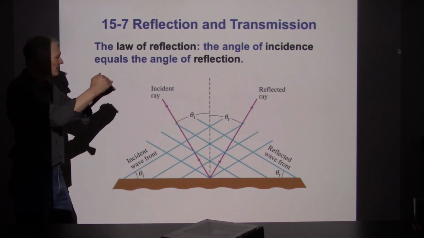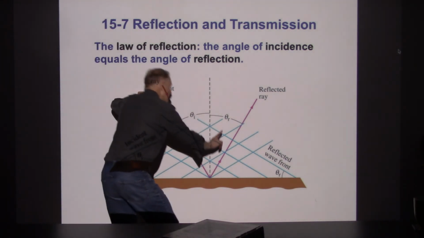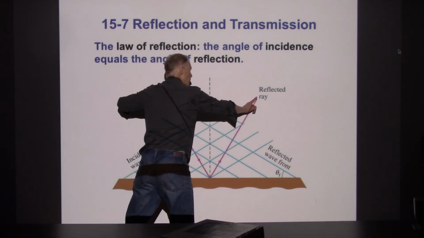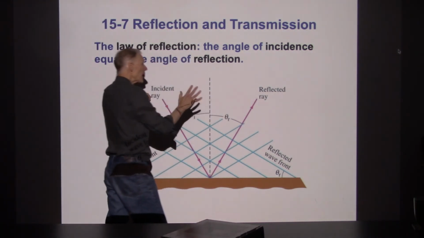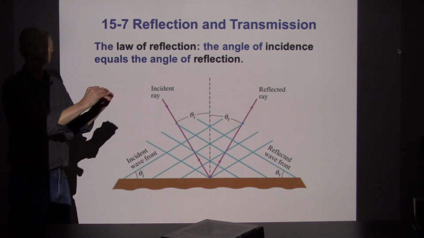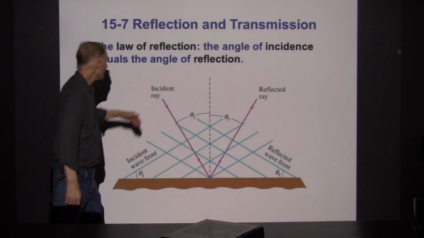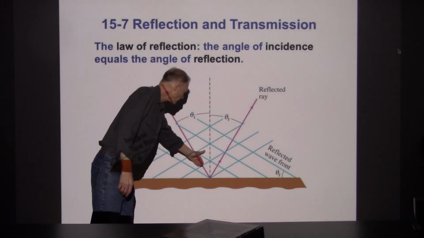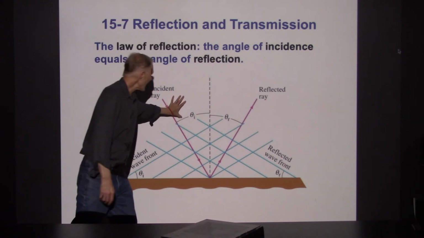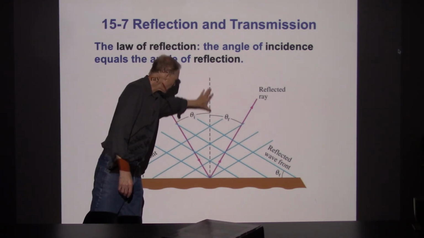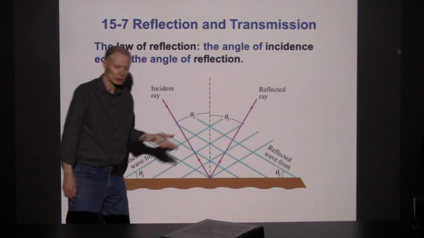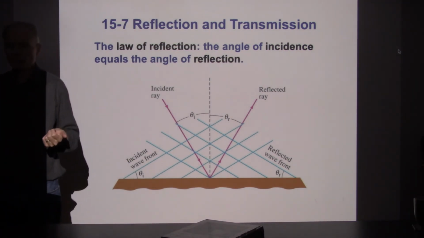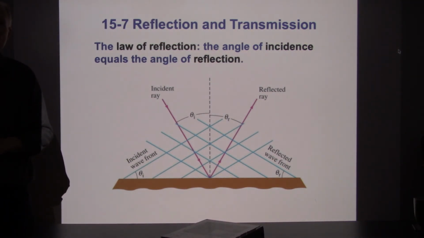So we're going to have a series of wavefronts perpendicular to this direction of propagation. What they're calling the ray is the direction of propagation. And then here is the incident direction of propagation. And these angles are measured relative to the normal by convention. And we say that the angle of reflection matches the angle of incidence.